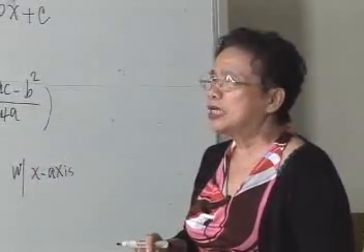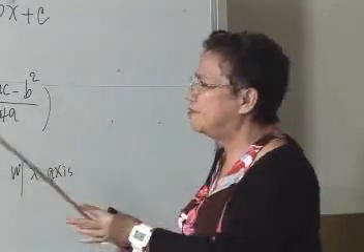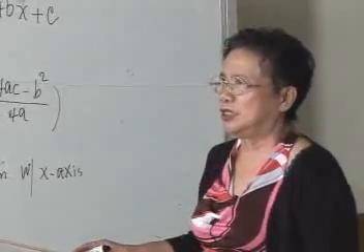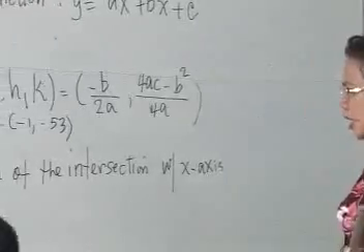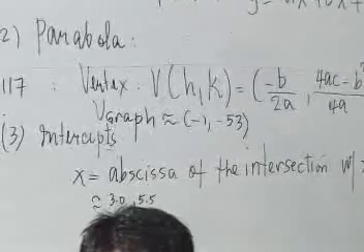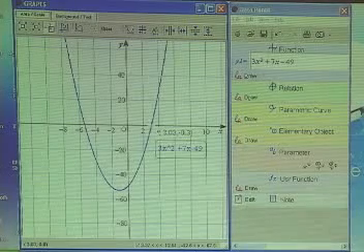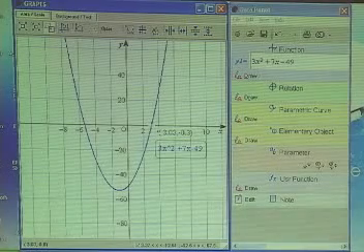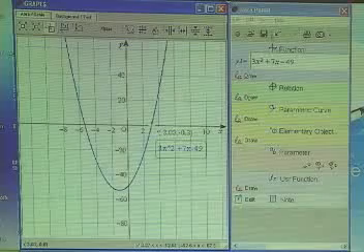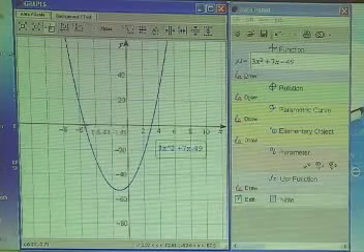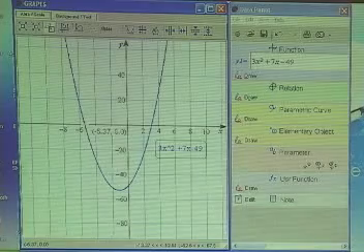Now, the next important aspect about graphs of functions are intercepts. First, the x-intercept. The x-intercept is the abscissa of the intersection with the x-axis. Now, for that parabola, as Carlo is pointing out, the first x-intercept is approximately 3, and the second x-intercept is approximately negative 5.5.